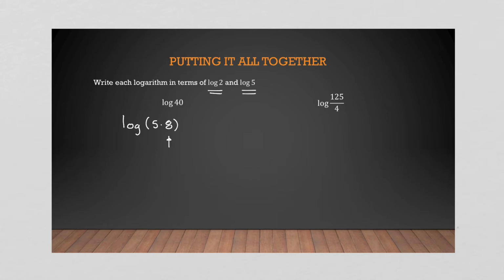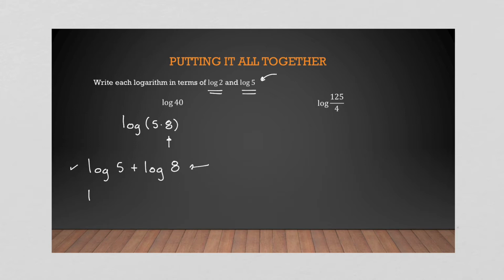So we're going to start by using the product rule. If I'm multiplying those things together, I can then write them as separate logs using addition. So now I have log of 5 plus log of 8. Remember, if I don't mention a base, they're base 10. So now we need log of 5, which we have, yay, but we also need log of 2, which we don't have here yet.